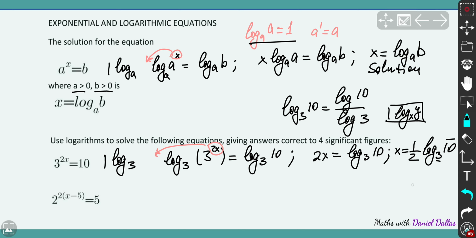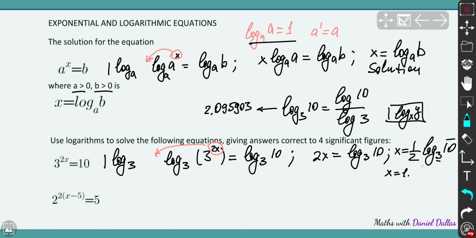I get 2.095903, and then I just halve it. So finally for x I'll get the following value.